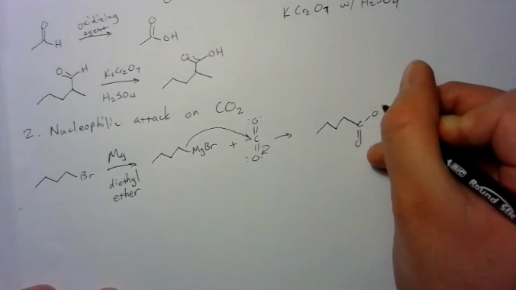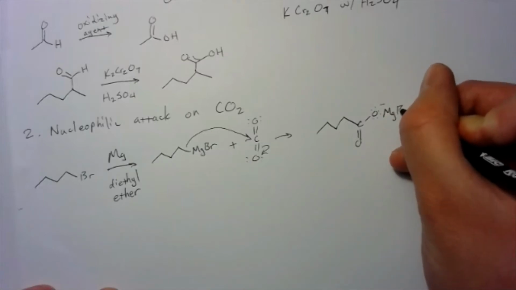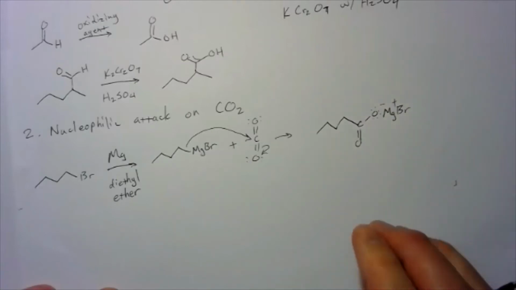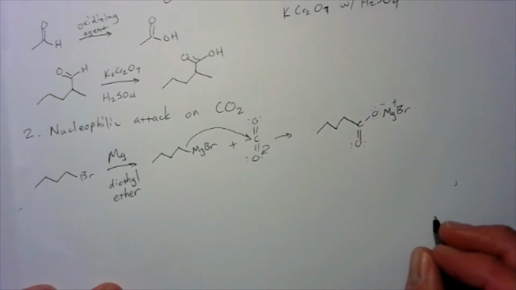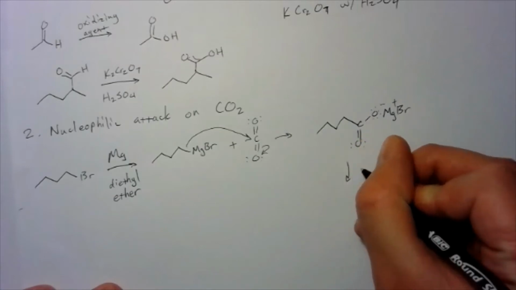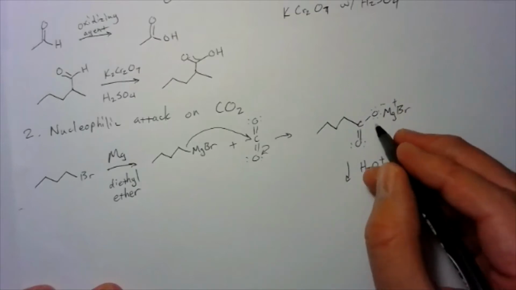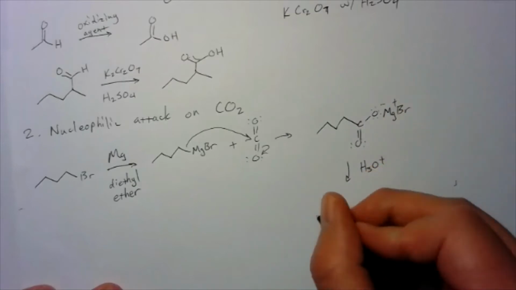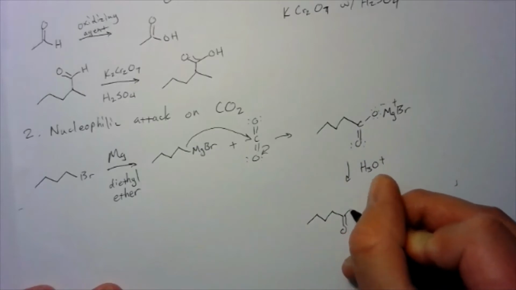We would end up with a negatively charged oxygen that associates with our magnesium. We can then treat it again with acid, and we would protonate our carboxylic acid to get our final carboxylic acid product.